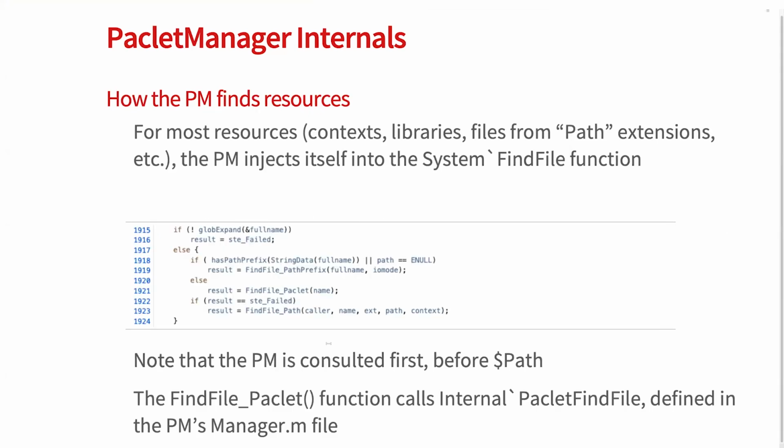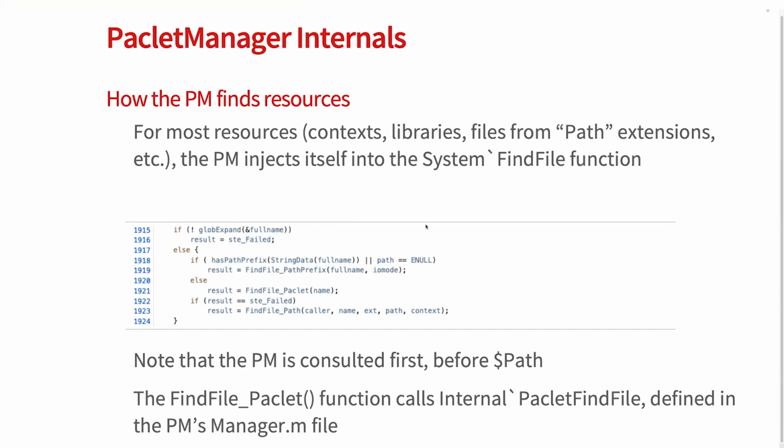So how does the Paclet manager find resources? It turns out that the Paclet manager doesn't scatter files from Paclets around in places where the system knows how to find them. Rather, the Paclet manager hooks the system. So when the system goes looking for something, it asks the Paclet manager to find it. And so that's how it works.